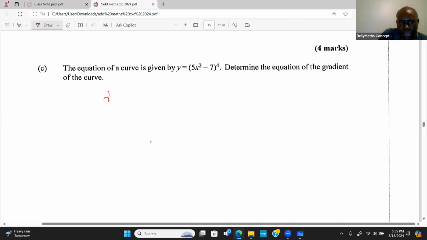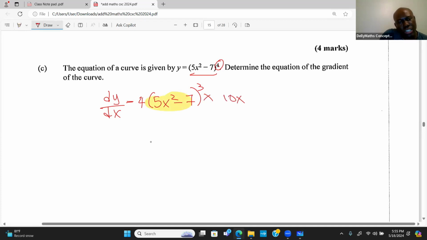So 4 is going to come here, you write back the entire bracket and reduce the power. Then you take the derivative of the inside, which is just going to give us 10x.